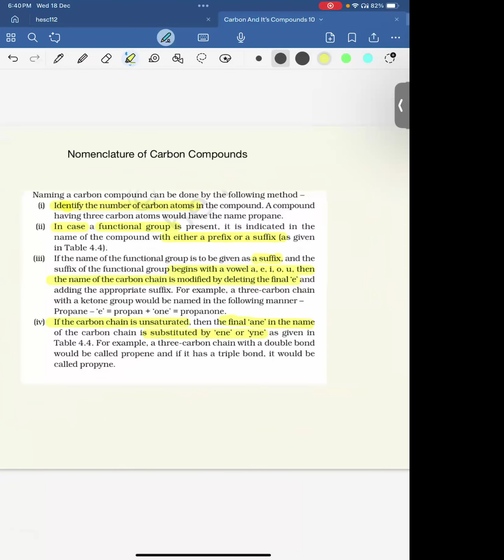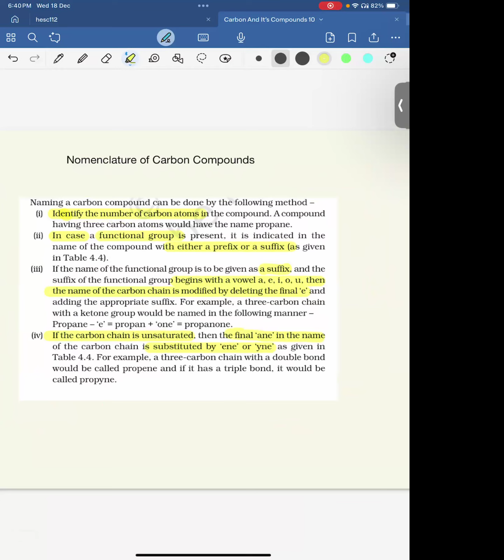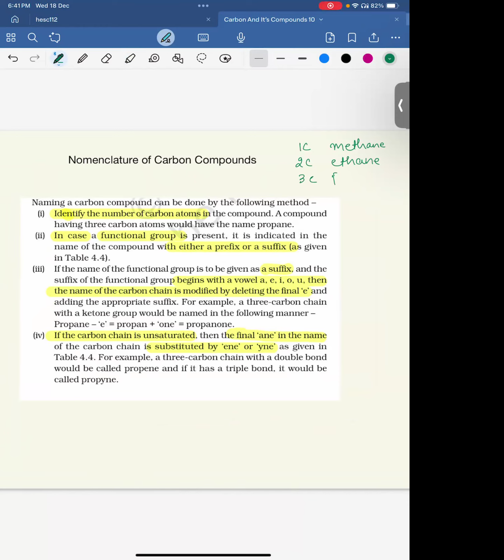Now, you must have learned nomenclature, how we name these compounds. First of all, all of you must remember this: if it's one carbon, then it's methane. If it's two carbon, then it's ethane. If it's three carbon, then it's propane.